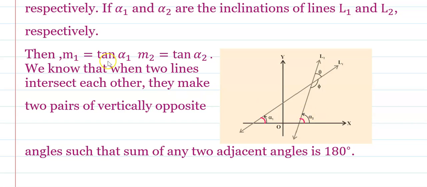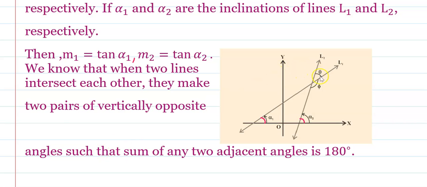Here m1 equals tan alpha 1, m2 equals tan alpha 2. We know that when two lines intersect each other, they make two pairs of vertically opposite angles. See this here.